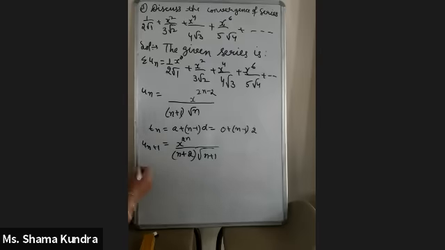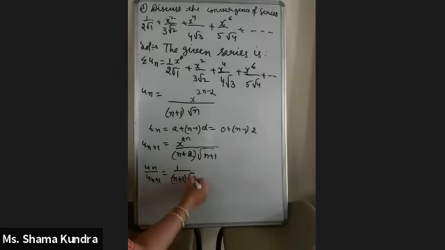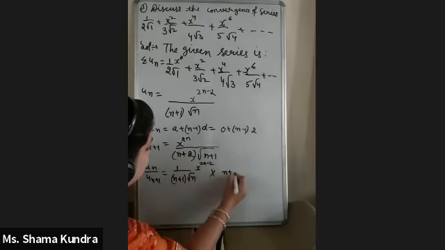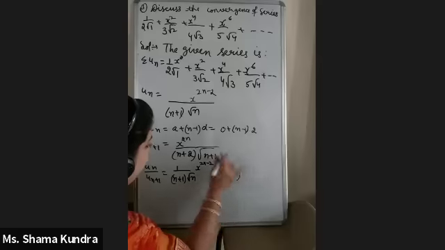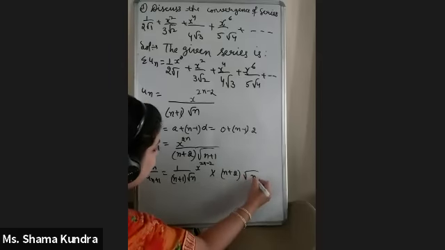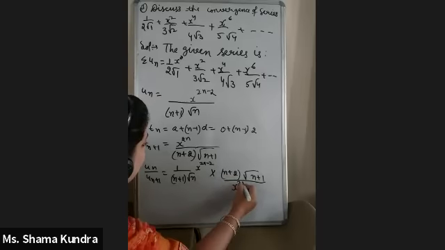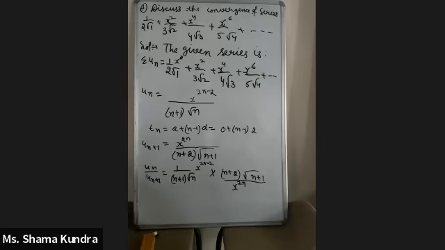The next step is Un upon Un plus 1. What will we get? 1 upon n plus 1 square root of n x raised to power 2n minus 2, into the reciprocal, n plus 2 into square root of n plus 1 upon x raised to power 2n.